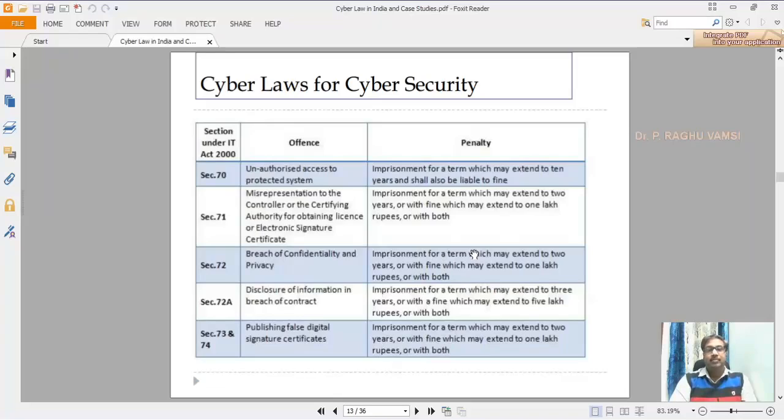Section 71, impersonation to the controller or the certifying authority for obtaining a license or electronic signature certificate.